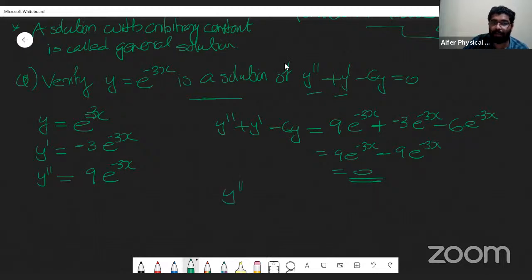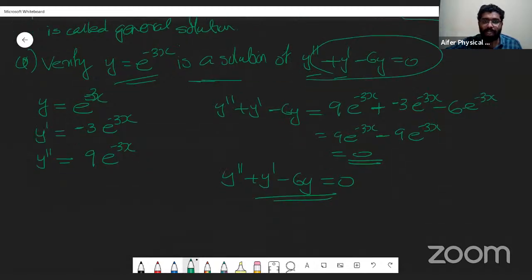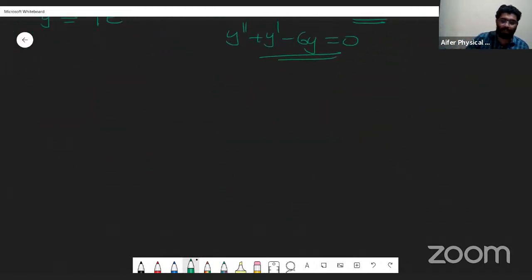So y double prime plus y prime minus 6y equal to 0. We get our differential equation. It is satisfied, which means this is a solution of the given differential equation. So I will give you a solution, and you have to check whether it satisfies the differential equation or not. Next question. y equal to a cos x plus b sin x.